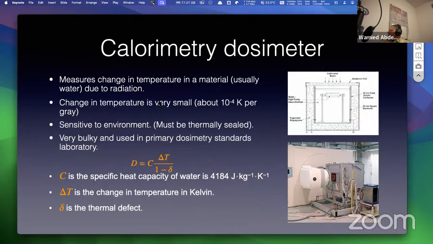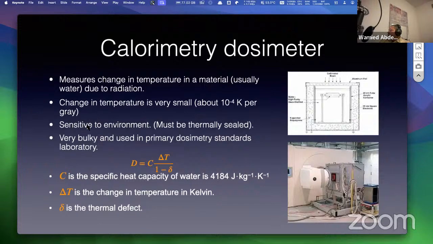So this is an example of how it works. This is a water calorimeter. The basic idea is that we measure the change in temperature due to radiation. As I mentioned, the change in temperature is usually very small, about 10 to the power minus 4 or minus 5 per gray.